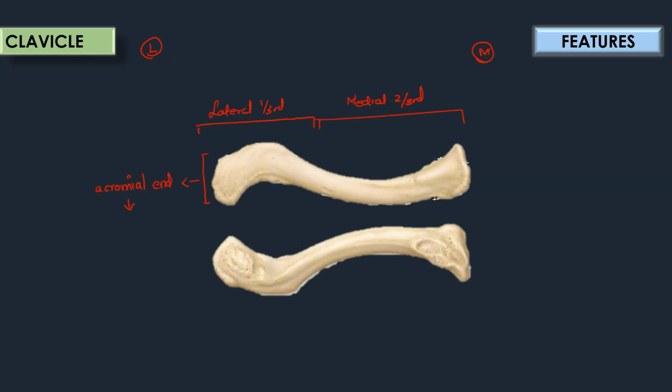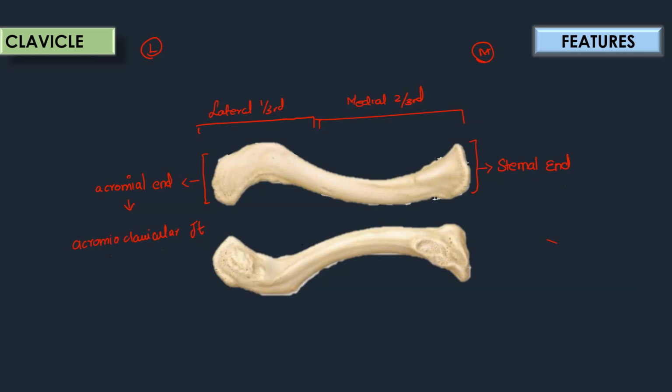now the acromial end articulates with the acromial process of the scapula to form the acromioclavicular joint, and this is our medial end. So the medial end is also called the sternal end.